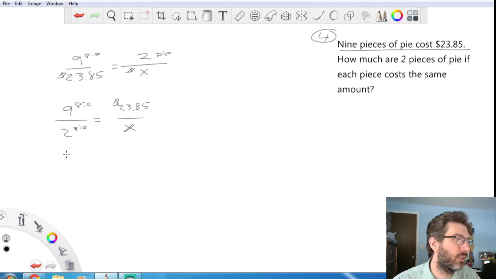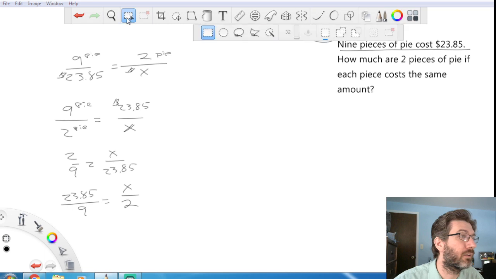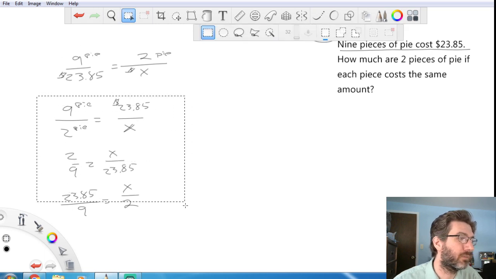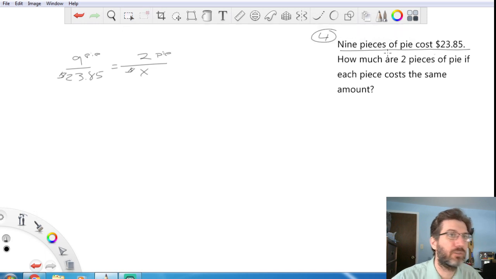You could have also set it up as 2 over 9 equals x over 23.85, and the other one is 23.85 over 9 equals x over 2. Any one of those will work. So with that, let's stick with the original one I wrote. To me, that one makes the most sense just because that's how it's written in the problem.